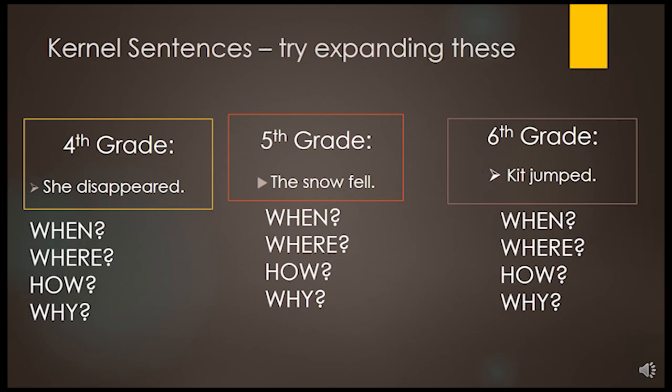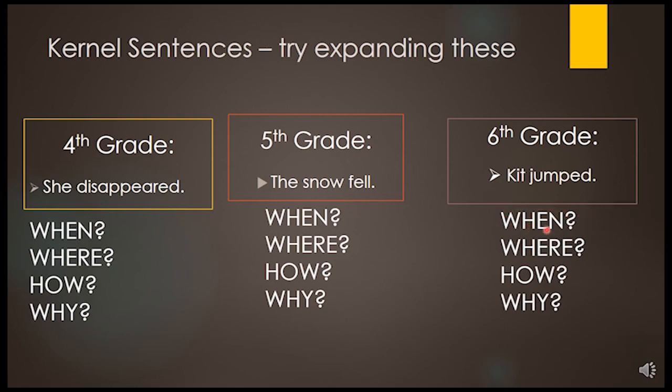So what I mean by filling in 3 of the question words, just right next to the word when, you're going to write when she disappeared. Just fill in those words. Fifth grade, when did the snow fall? Maybe it was when Edmund met the White Witch.